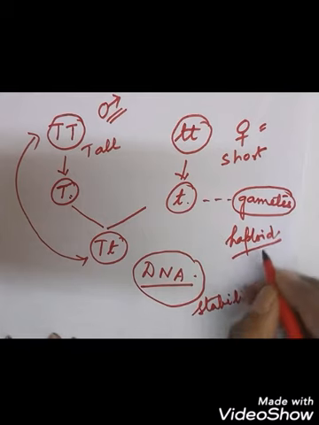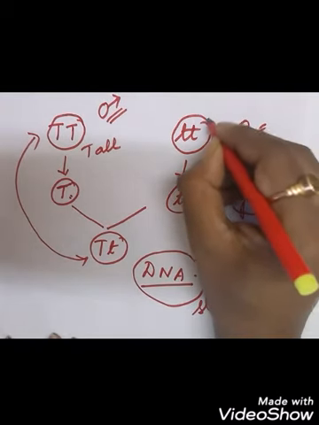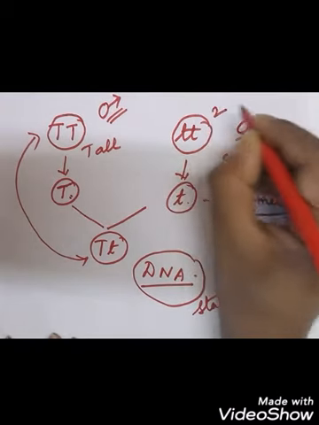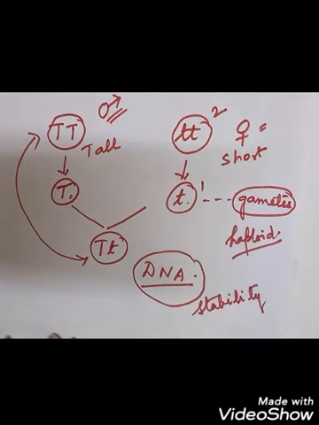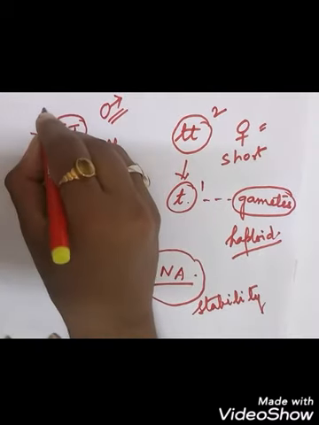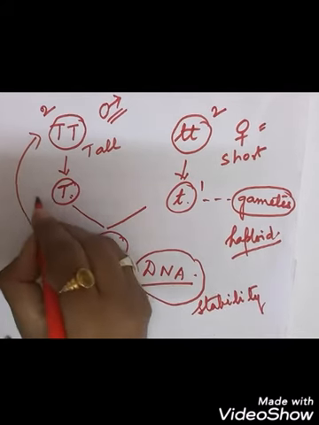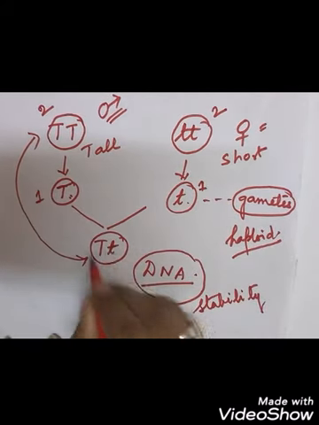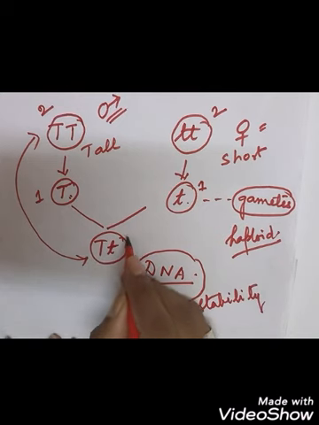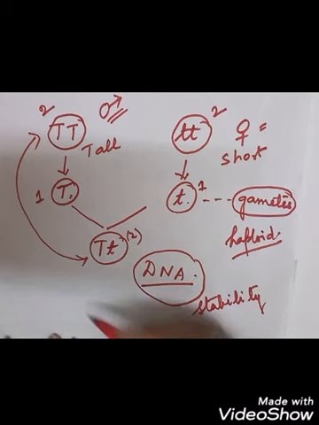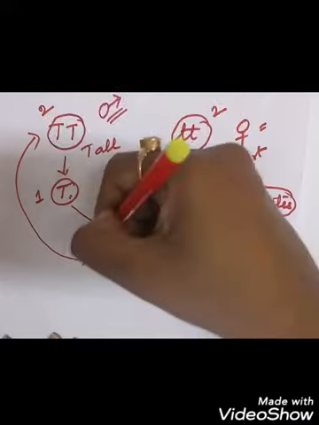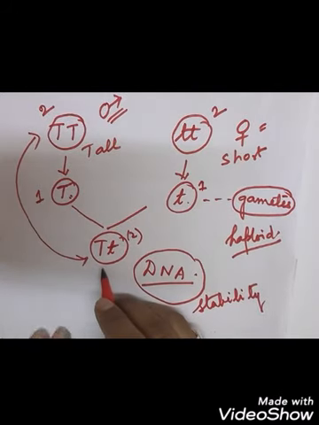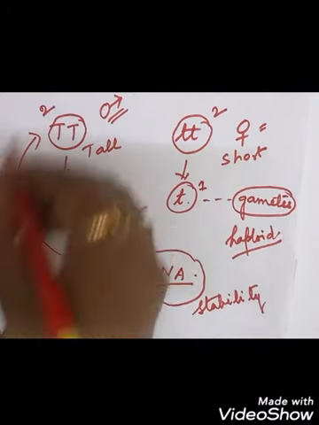Haploid means the chromosome number is reduced to half. So if the chromosome number was 2, suppose here capital T, small t is 2, in the gamete how many are there? 1. Here also, from capital T, how many? 2. And here how many? 1. So 1 and 1 combine together to form capital T, small t, which is how many? 2. So we are getting the same chromosome number as the parents.